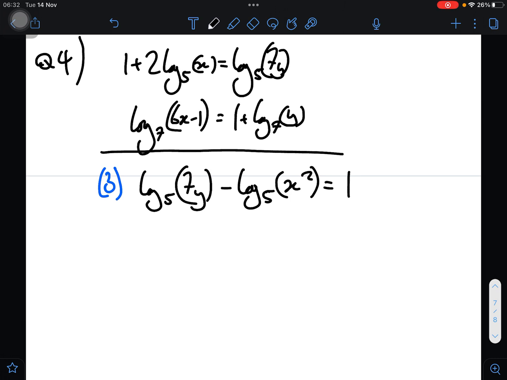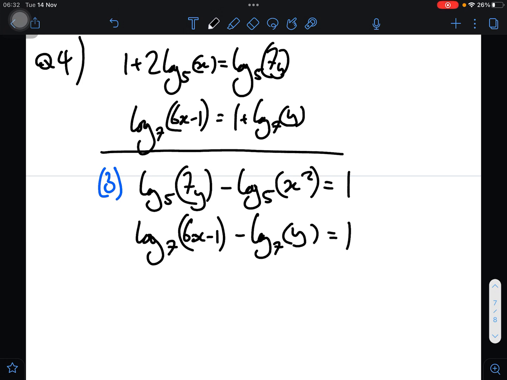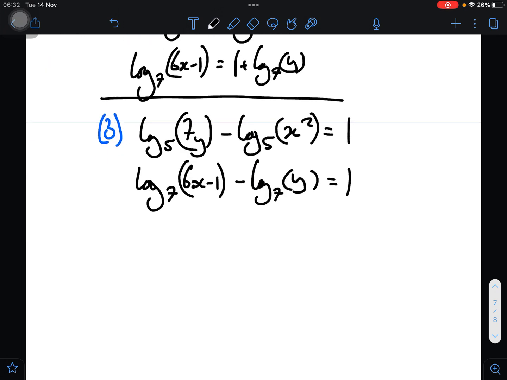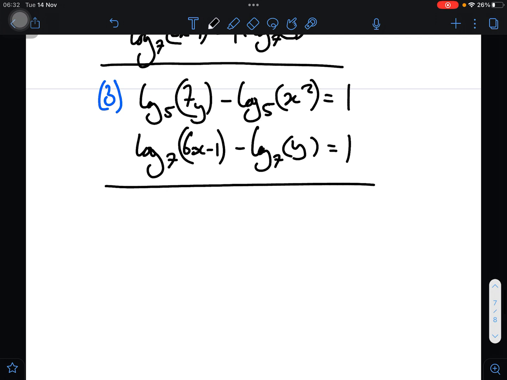And then I'm just going to take the other one as well to one side, so I get log 7 of 6x minus 1 minus log 7 of y equal to 1. Well, we've got 1 on both sides. Sorry, we've got the same one on the equations.